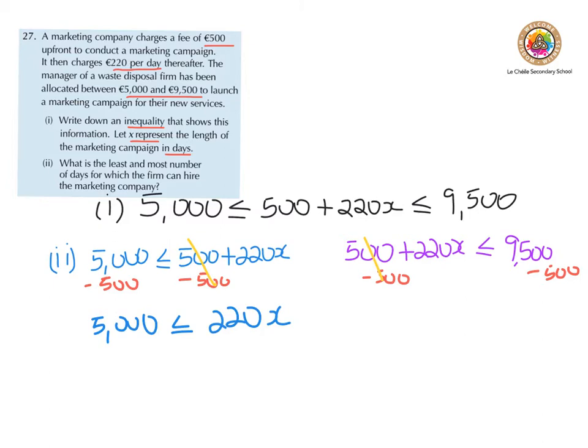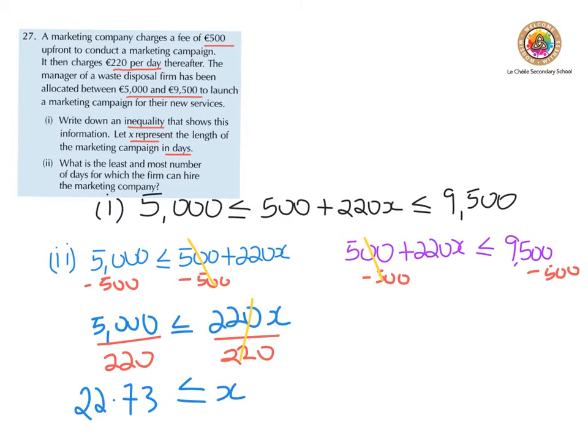And so getting x on its own here, well, I'm going to divide by 220. So here I'll divide by 220, and again that cancels, and that leaves me with x being greater than or equal to 22.73.